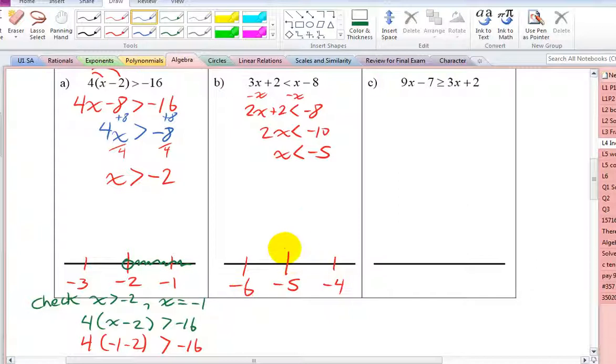Open or closed circle? Which way should I shade? Left.